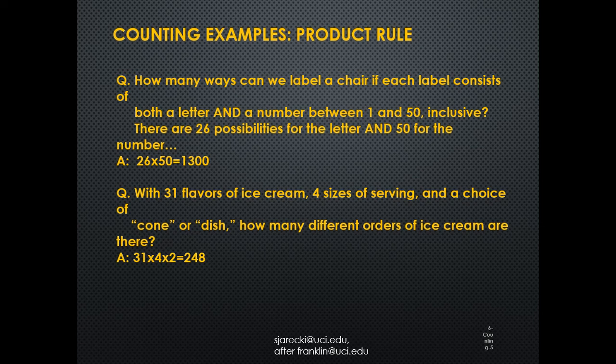And the 2 represents the choice between cone or dish. So that's why you multiply the flavors of ice cream, sizes of serving, and the choices of either cone or dish. So there are 248 different orders of ice cream.